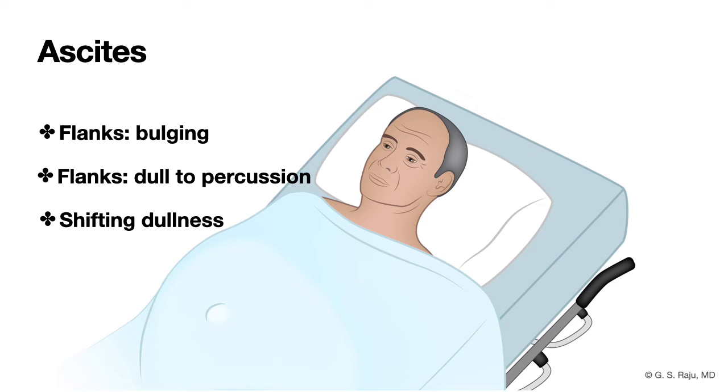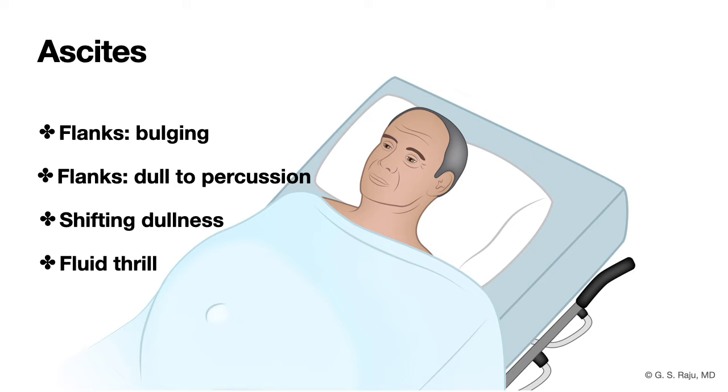And if the abdomen is quite tense, you can put one hand on one side of the flank, say for example, on the right side, and tap on the left side to elicit a thrill that you can feel with the other hand, otherwise known as fluid thrill.